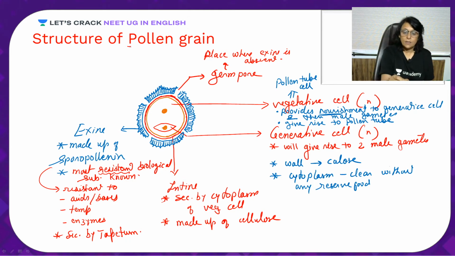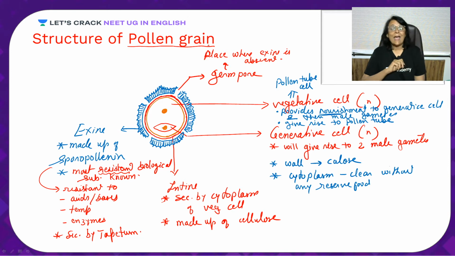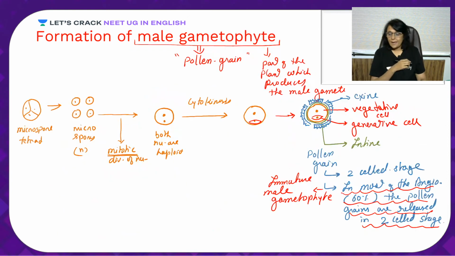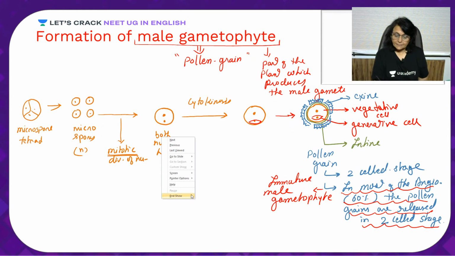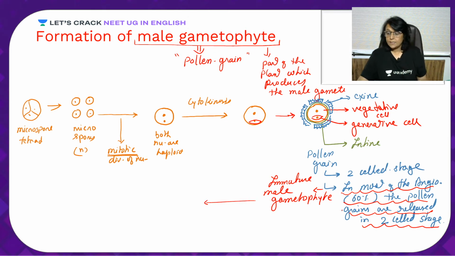So it is the pollen grain, and in most of the angiosperms, the pollen grain is released in this stage itself. Okay, let us go back to this stage. And now, when this matures, this is what we have to remember, that at this stage, pollen is released.